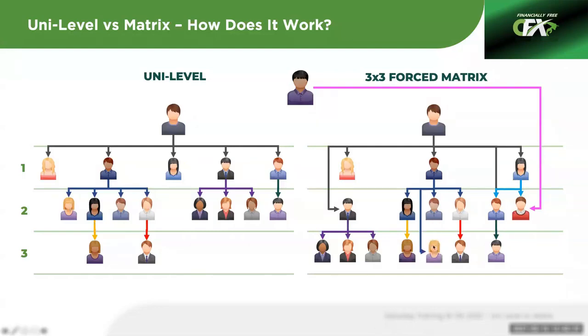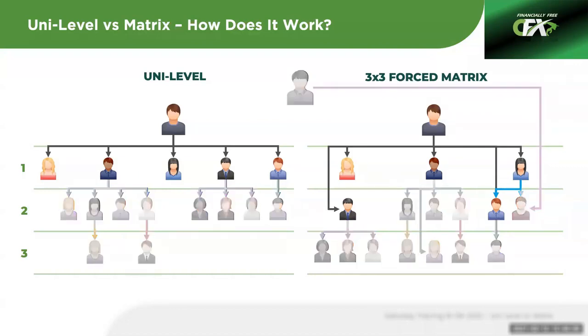So she becomes under this person in the matrix. So when she withdraws money, this guy's going to earn some money, and you're going to earn some money. So even though this guy did not introduce this person in the uni level, this person has ended up under him in the matrix. Okay. So I trust that that's clear.